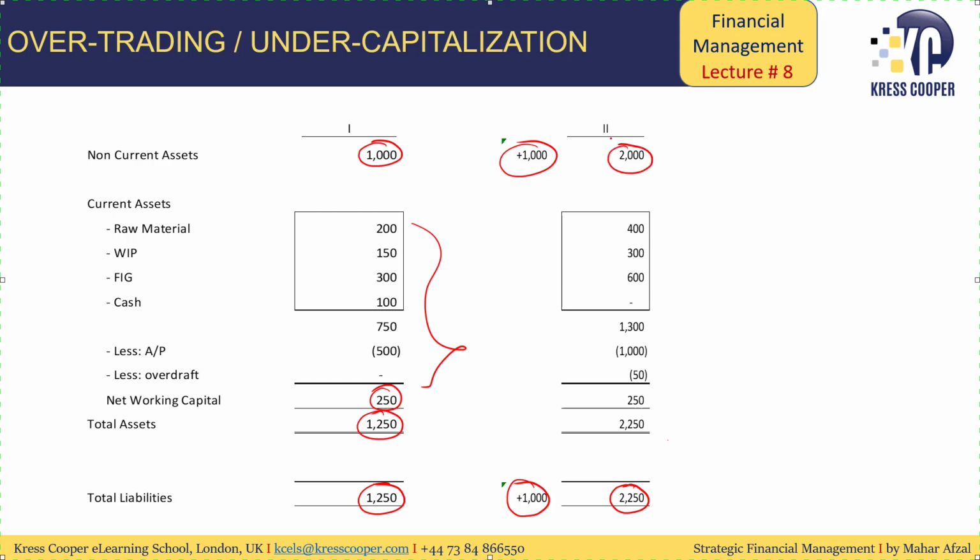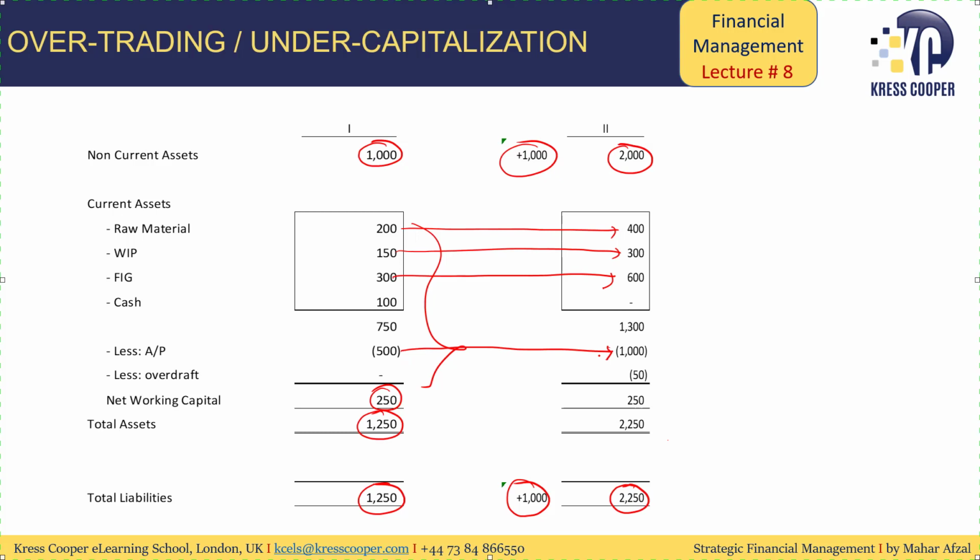When my sales have been increased by 2 times, production has gone up by 2 times, definitely my raw material will increase proportionately, work in process will increase proportionately, finished goods will increase proportionately, even account payable will increase proportionately.